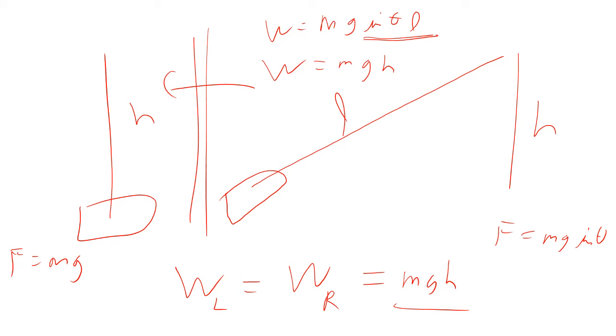Sine theta is always less than or equal to 1, so the force on an inclined plane is going to be less than the force of just picking it up. So a smaller force ends up doing the same work. We ran into this sort of issue when we talked about pulleys. This is a mechanical advantage. You do the same amount of work lifting something, but you did it with less force.